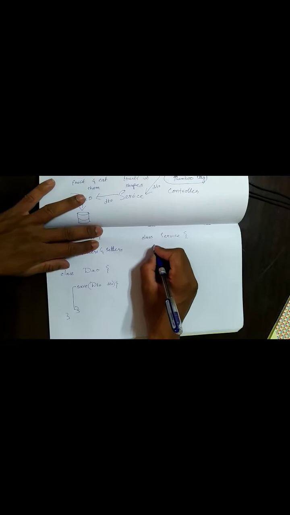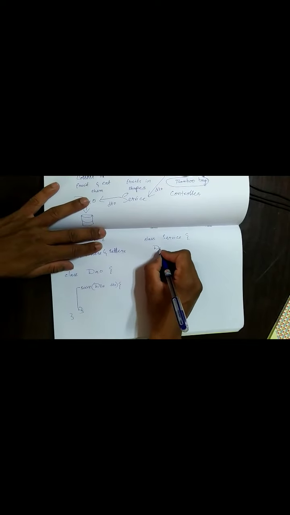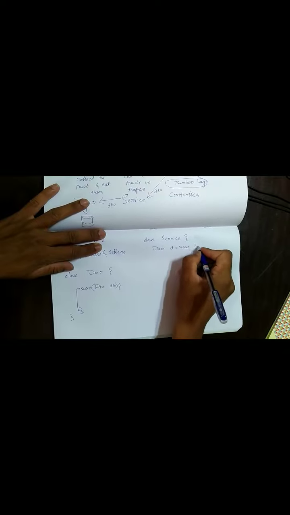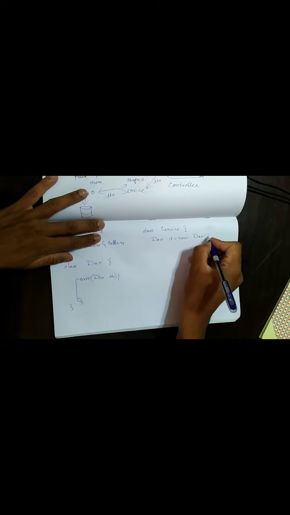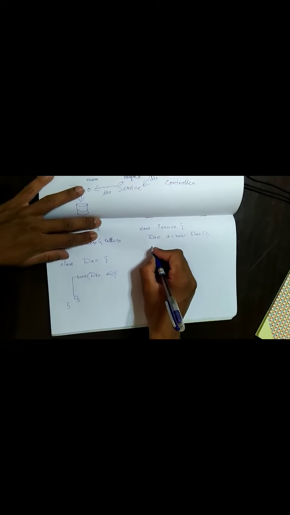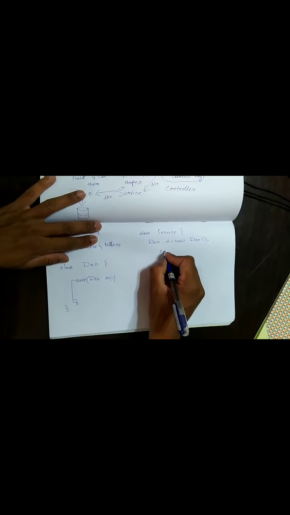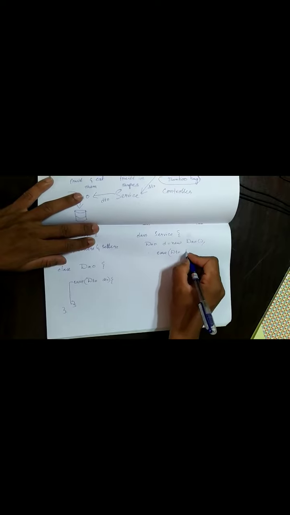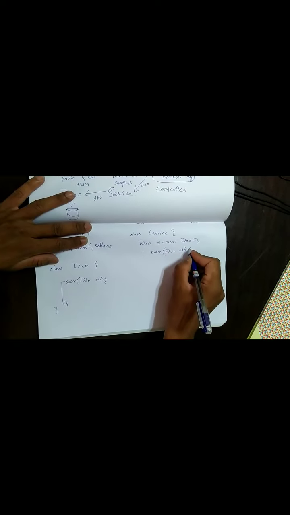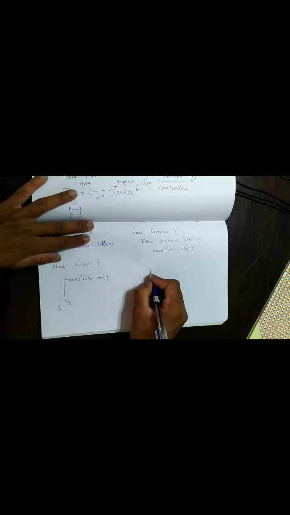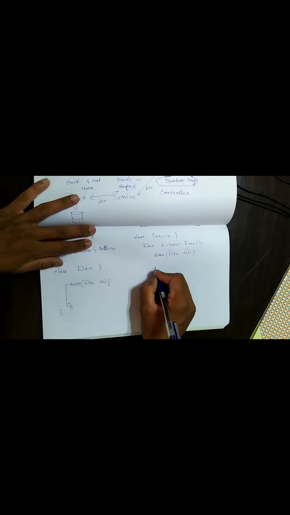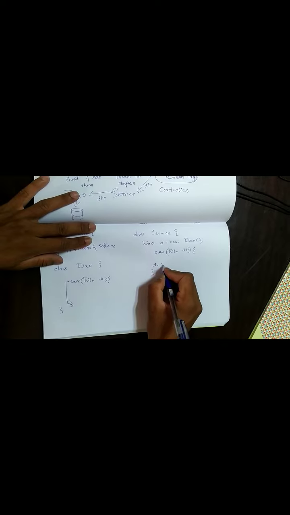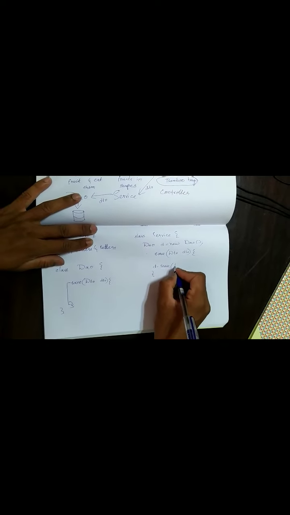Inside the service layer we will have a DAO object. Here also we'll have a save method, and we'll be passing DTO as the argument. Here we are sending it to the DAO layer, save of DTO.